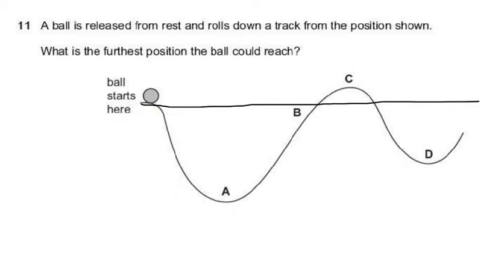If we wanted more than that, we'd have to push it, give it an initial velocity, but we're not pushing it. So the ball cannot get any higher than that line right there. So that pretty much makes it clear C is out of the question, and that means that D is also not possible. The ball should be able to reach point B. So pretty simple answer. That is the furthest that the ball is going to be able to reach.